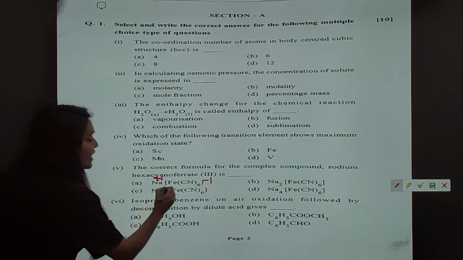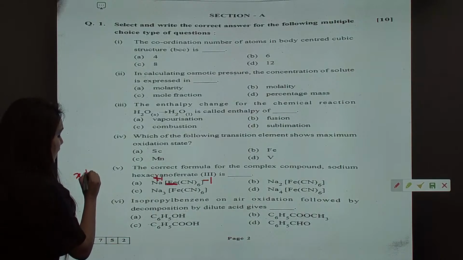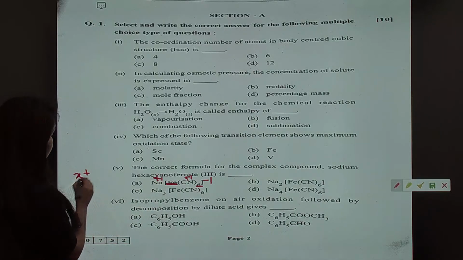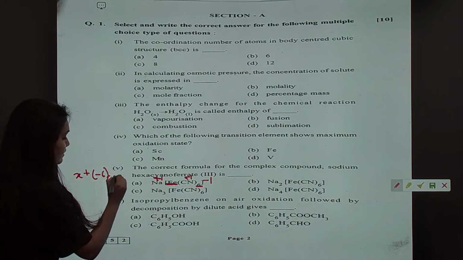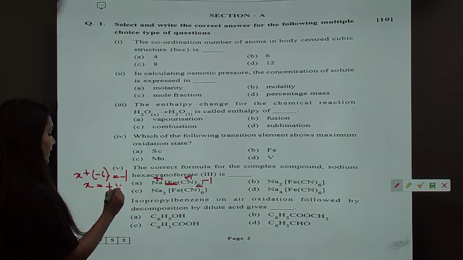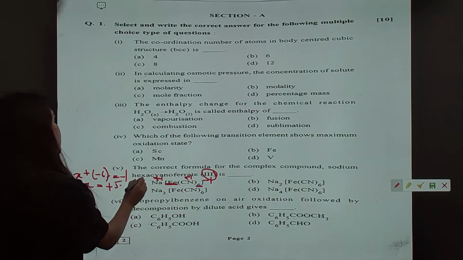So if I have to find the charge on Fe, let us consider this as X, plus the charge on CN is -1 each. There are 6 CN. So X plus (-6) is equal to -1, giving me the answer of +5. But do I have +5 in the question? No, my answer should be +3. So this is the wrong option.